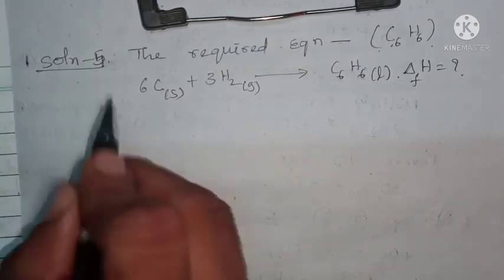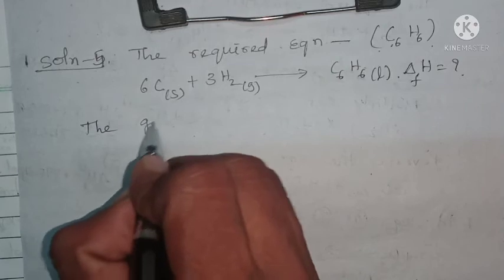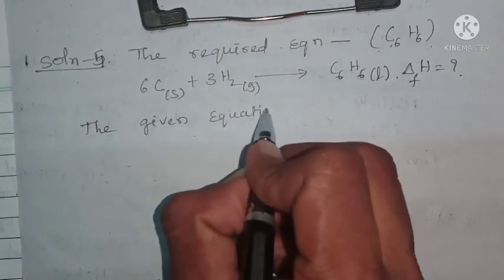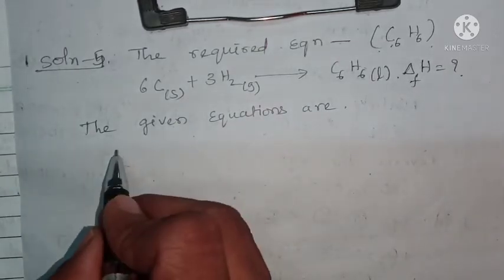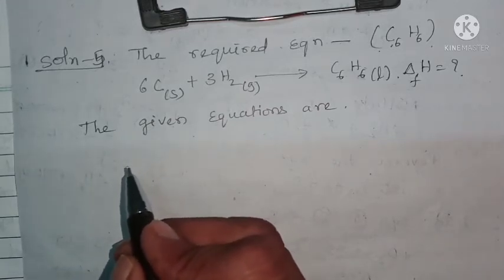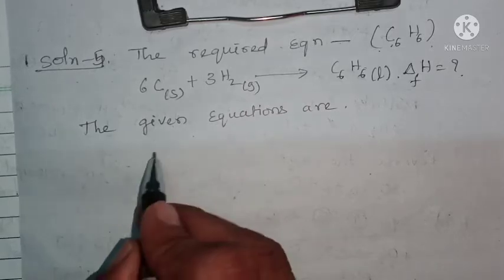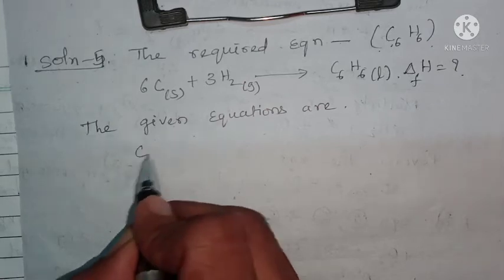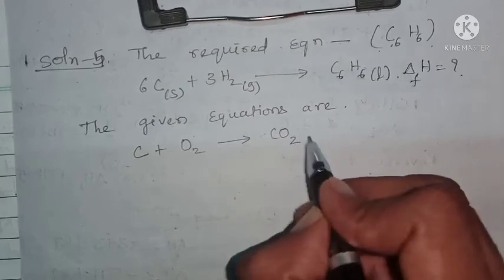Next, the given equations. The given equations are the enthalpy of formation of carbon dioxide and enthalpy of formation of water in liquid state. So enthalpy of formation of carbon dioxide is carbon plus oxygen gives carbon dioxide.